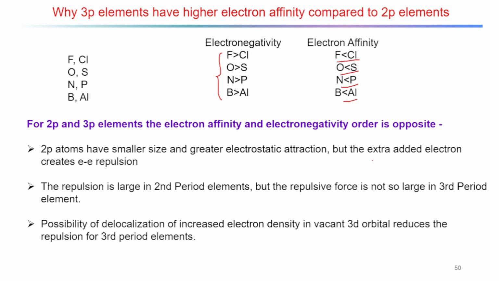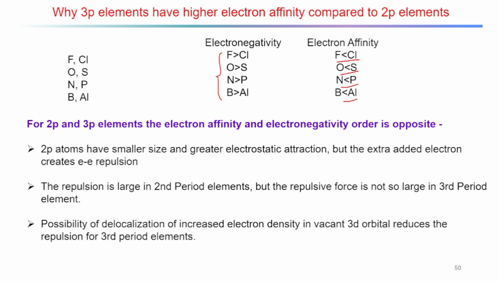But the extra added electron creates electron-electron repulsion. So although it has higher electrostatic attraction, that's why the electronegativity is more in case of 2p elements. But if we add one extra electron, that creates electron-electron repulsion in that valence shell.